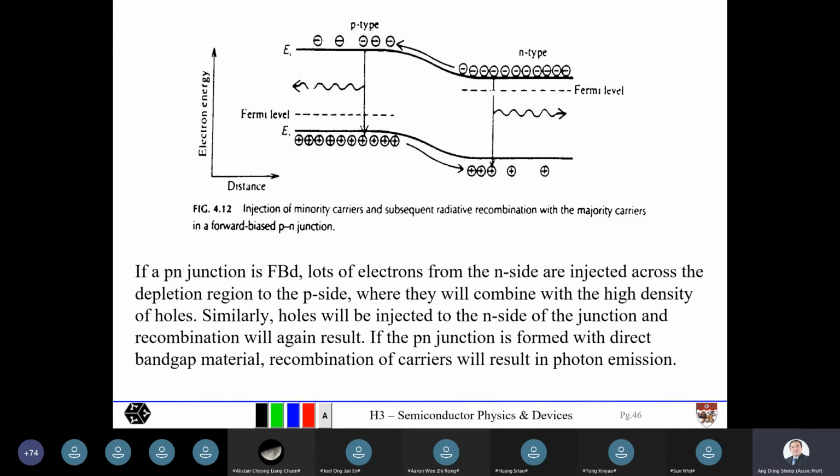For example, if you form a Schottky diode on a P-type semiconductor, you need to introduce electrons into the P-type semiconductor to recombine with the holes, and a metal can do that. So essentially, a standalone semiconductor is not that easy to introduce excess carriers into. A PN junction provides a very convenient means for us to achieve that through forward biasing.